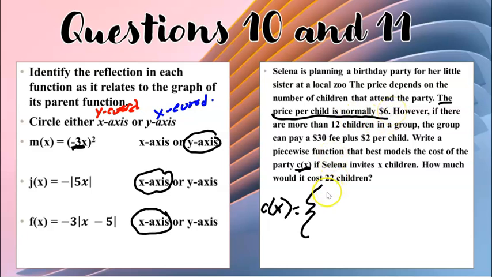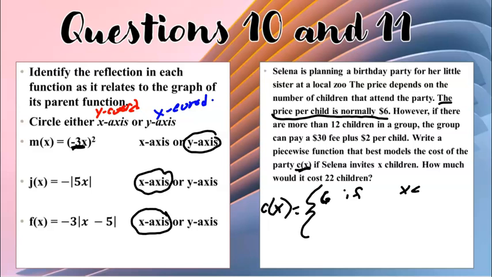So I'm going to have $6 here. Then the next one says if there are more than 12, you get a discount.